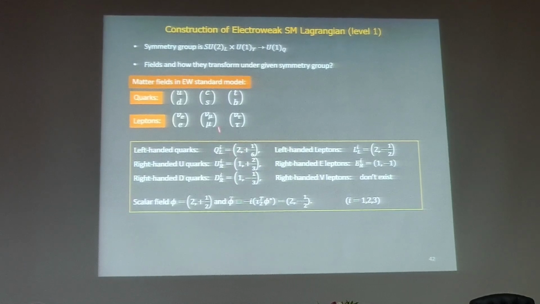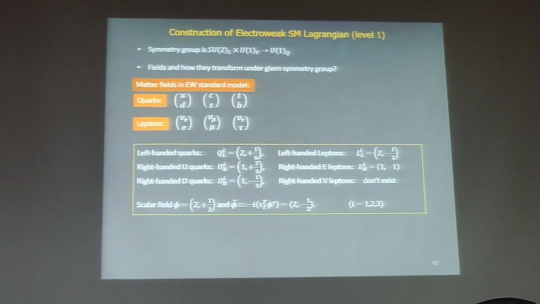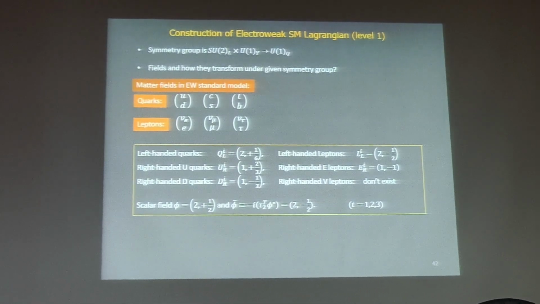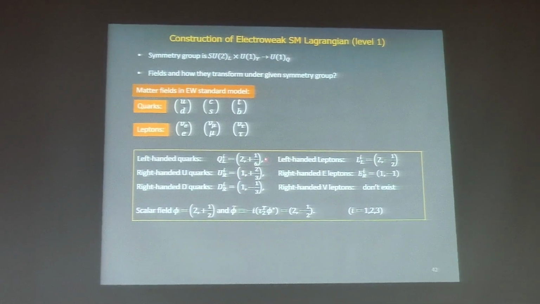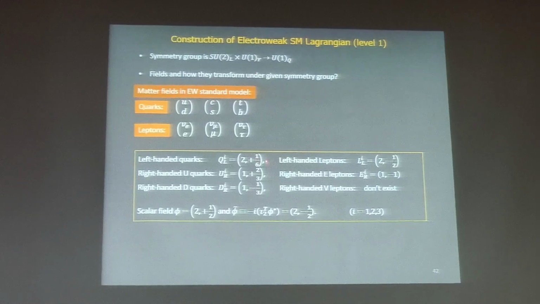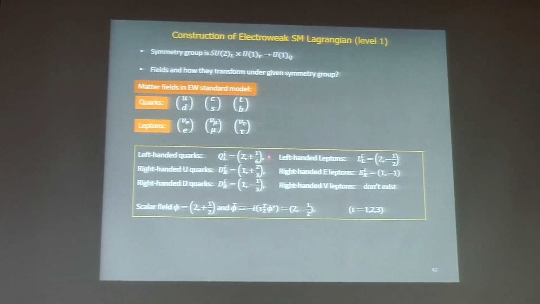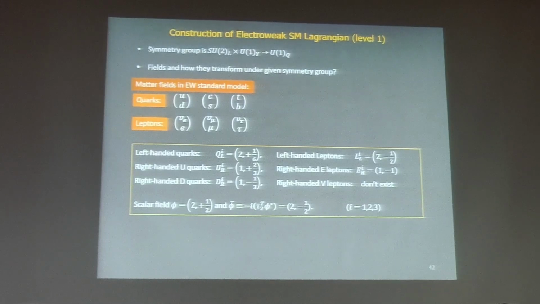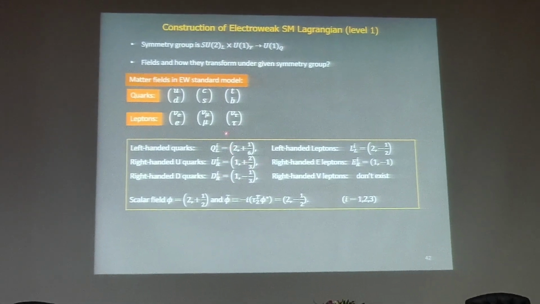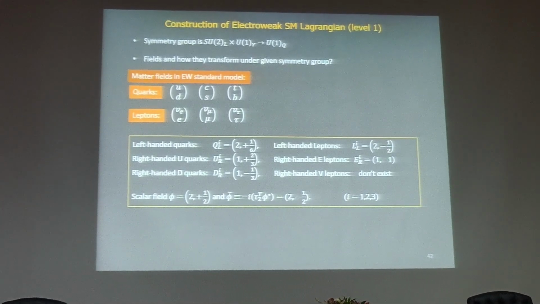This 2 corresponds to the SU2, and it simply means that the left-handed quarks transform by the 2-dimensional representation of SU2. And this second number defines how these fields transform under U1_Y.